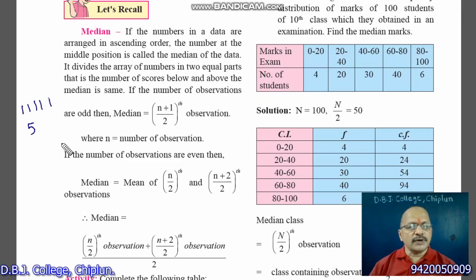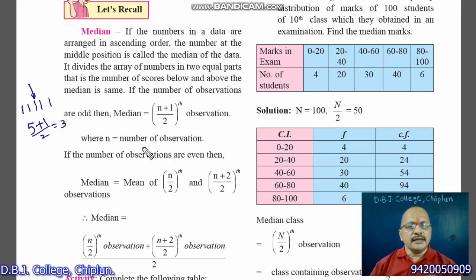Then n plus 1 upon 2, that is 5 plus 1 upon 2, is equal to 3. Third observation. This is the median. This median divides this data into two equal parts. Below this median, two observations are there, and above median there are two observations.